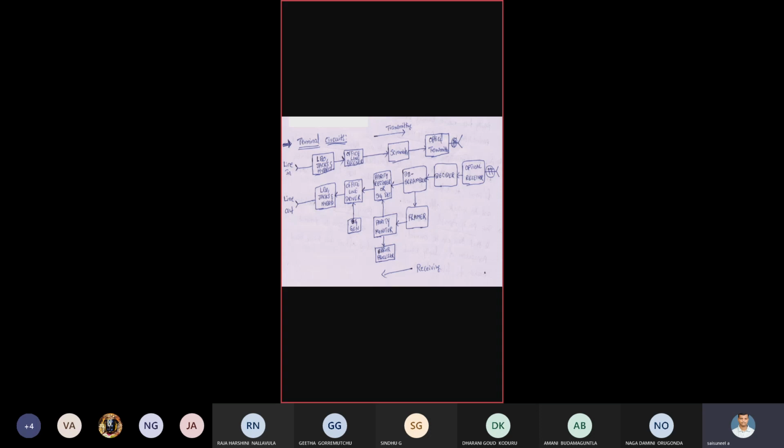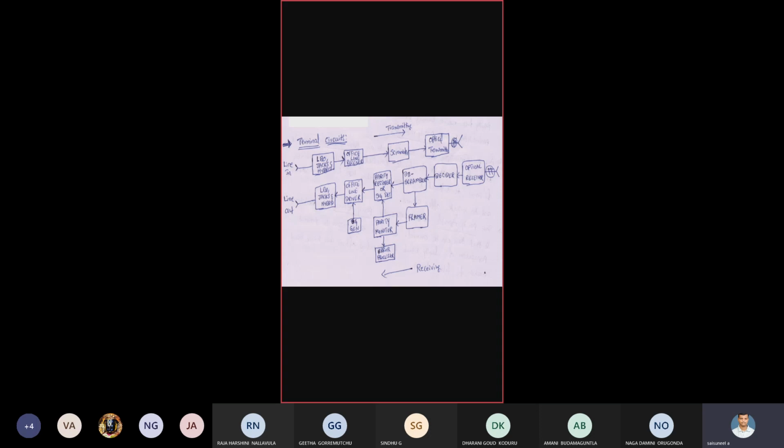This is the method of how to connect from office A to office B: the techniques used, how to cross connect, how to convert from bipolar to unipolar, how to check the time period of each pulse, and how to convert from electrical to optical signal on the transmitting side.